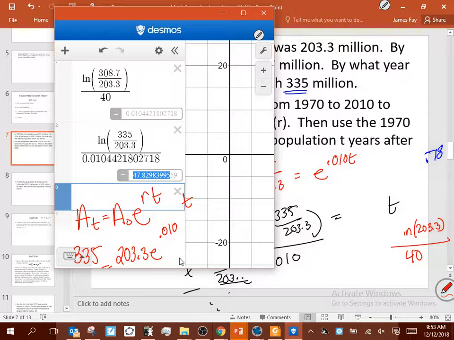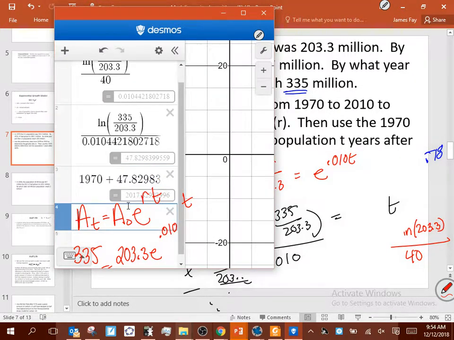Well, the question was when. It didn't say 47 years as the answer. It didn't say how many years. It said when. So my initial time was when? What year? 1970. So I take 1970, and add to it that number there, right?